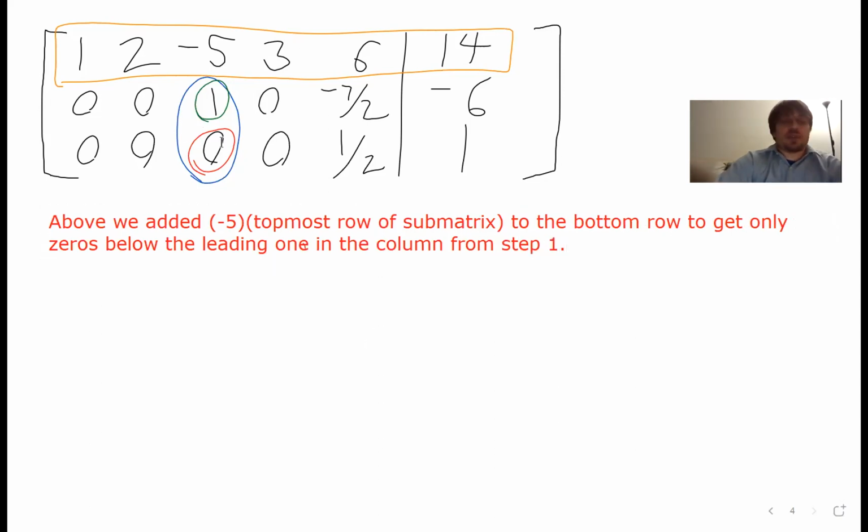Okay, so now we have this. Now we have only zeros below that leading 1 there. And so now that we've done that, we're done with step 4.